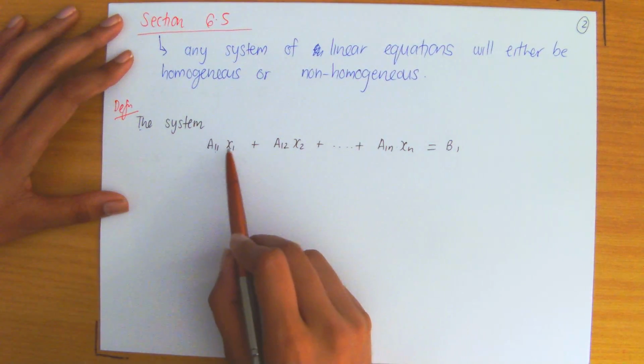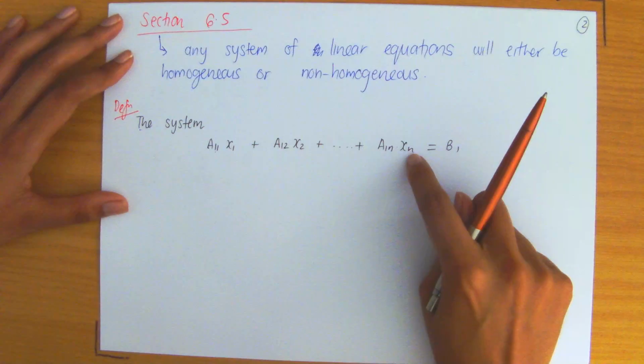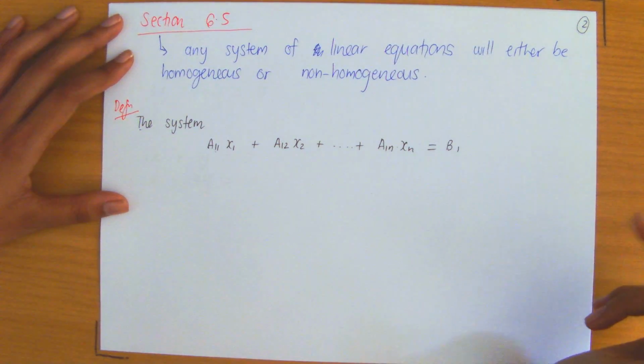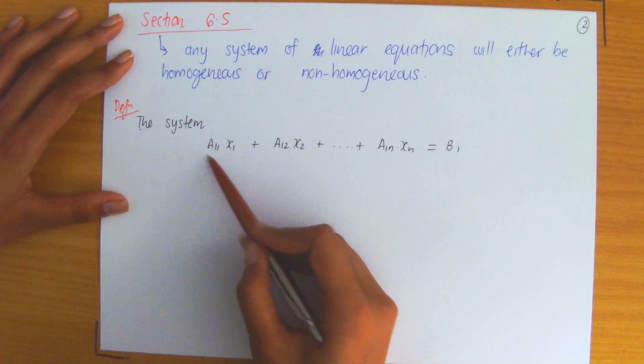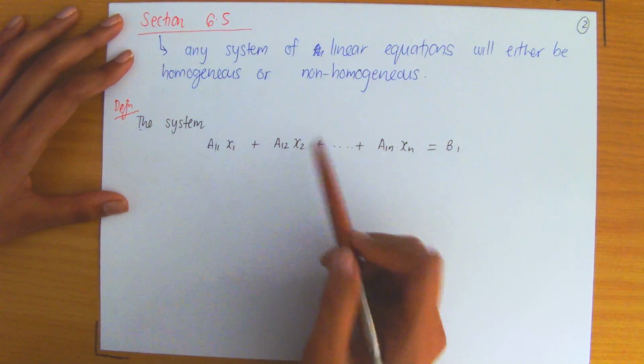So we observe that there are n variables in this first equation and it's equal to some constant labeled b1.